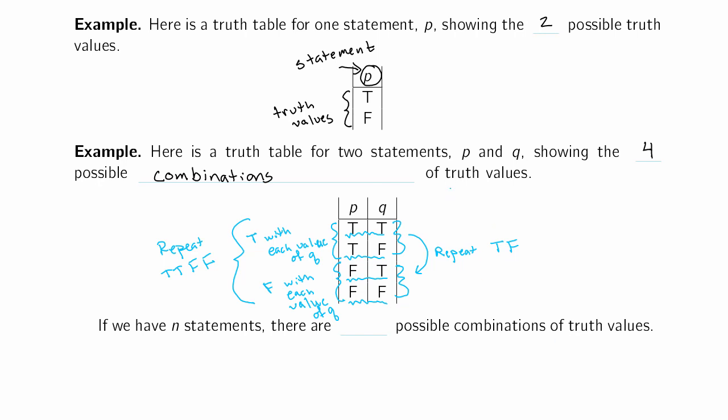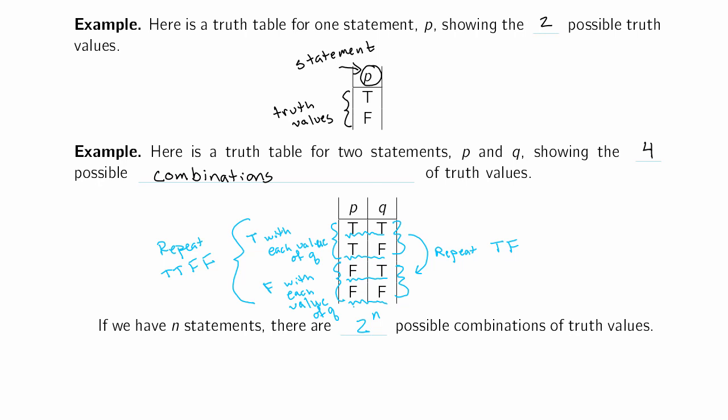And in order to repeat that again, we would need another 4 rows. Every time we add another statement, we double the number of rows. So if we have n statements, there are 2 to the nth power possible combinations. There are 2 to the nth power possible truth values.